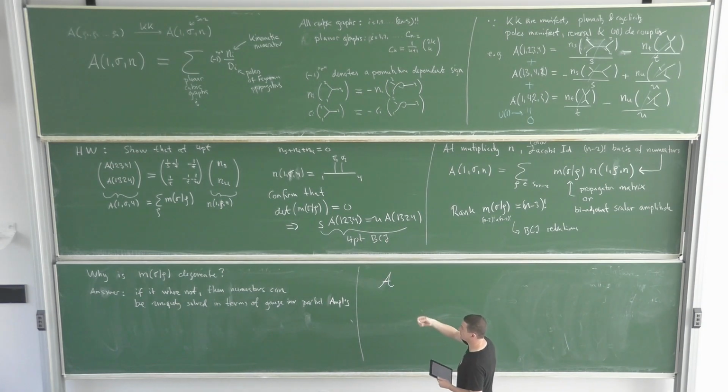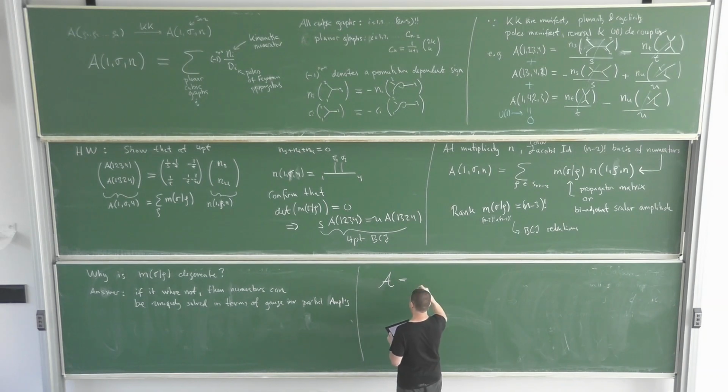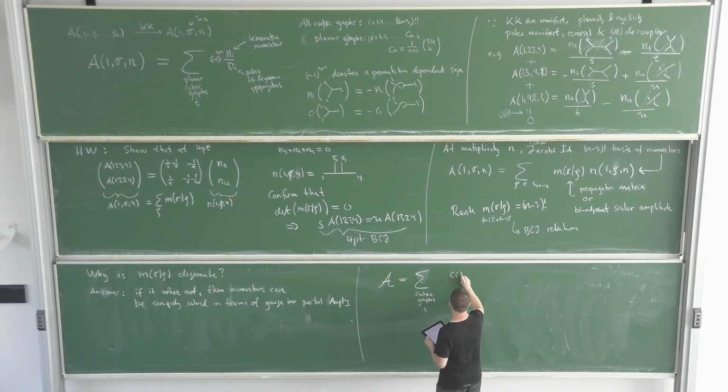Now I'm going to reassemble it with color factors. So the claim is that now I can write my amplitude as before, a sum over cubic diagrams. Now it's all of them, all of the cubic graphs i, Ci Ni over Di, right?